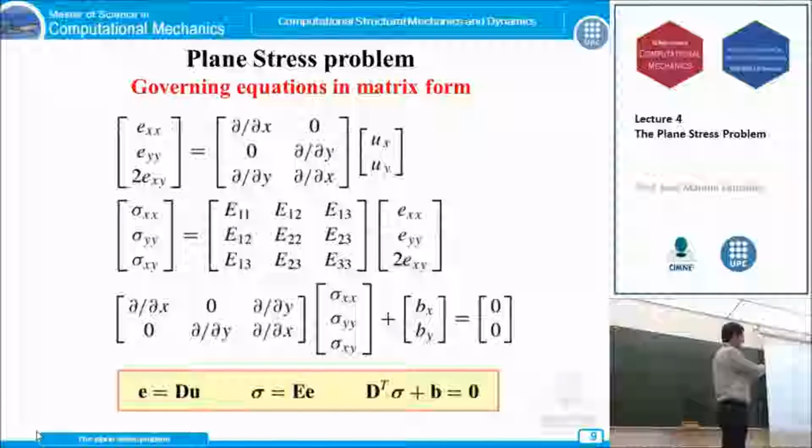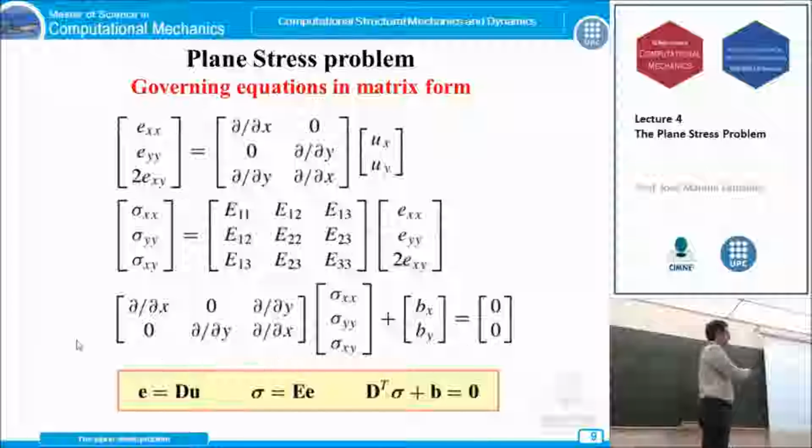The point is now we have 3 components for stress, 3 components for strain, and 2 components for displacement, but the governing equations are the same 3. First is the kinematic equations, which relate the strain and the displacement using this derivative operator here. So these 3 components of strain are related with these 2 components of displacement, which are the ones we are worried about in the plate problem, in the plane stress problem.